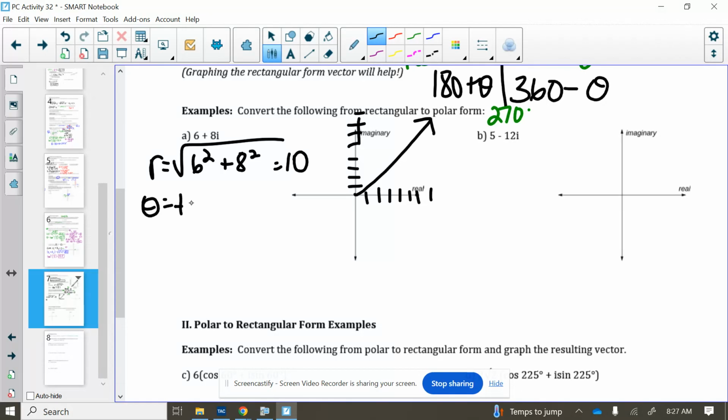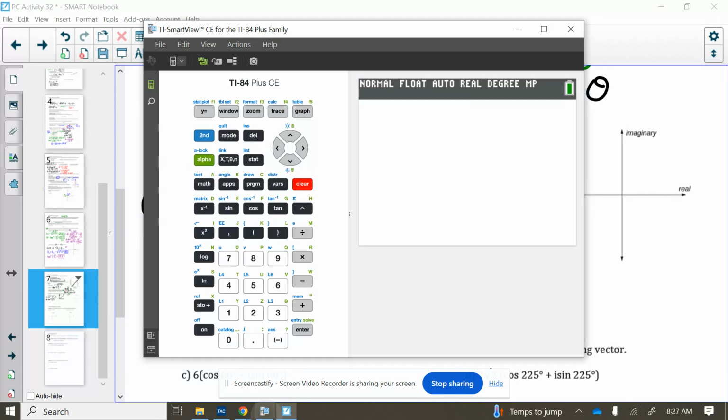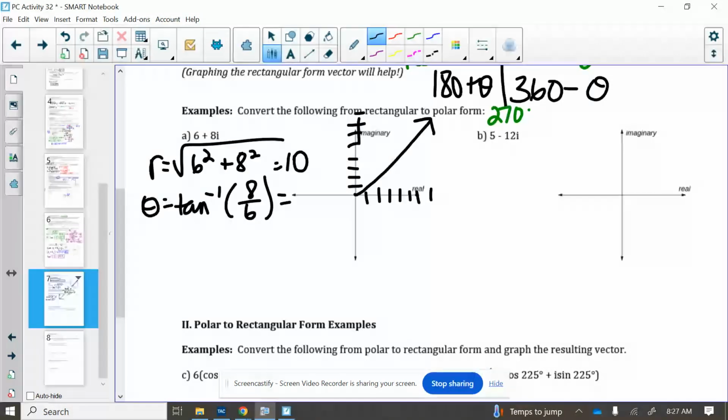Our theta value this time, if we take tan inverse of b over a, we end up with 53.1. Now again, this angle is okay for our theta because theta this time is in quadrant 1, so 53.1 would work out.